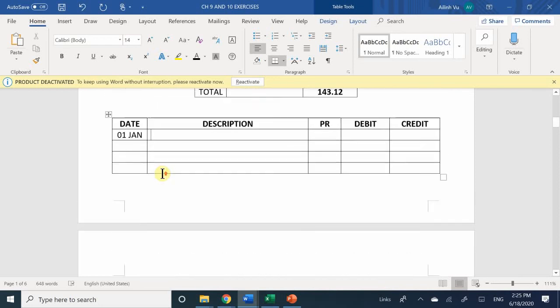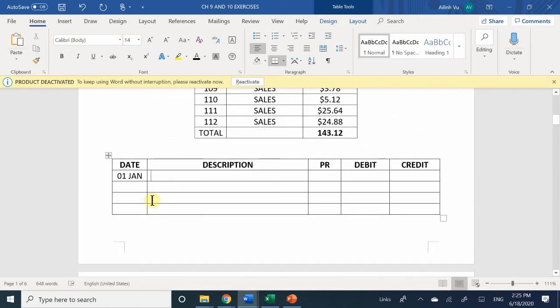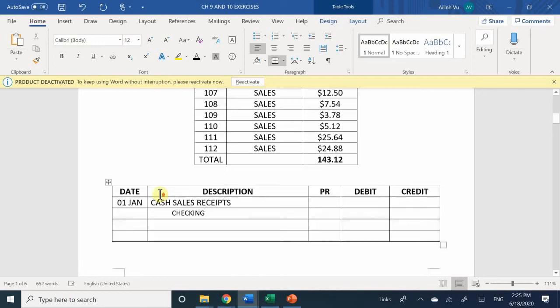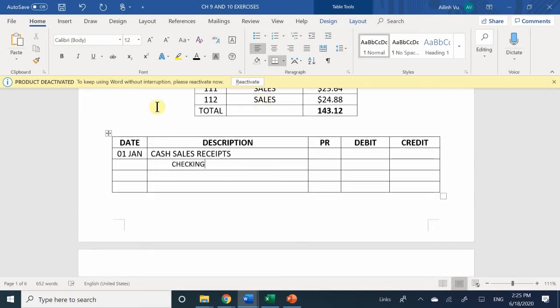Yes, they're cash sales receipts. Exactly. So we're going to do cash sales receipts, and in return, we're going to replenish our cash register for the same exact amount, $143.12.